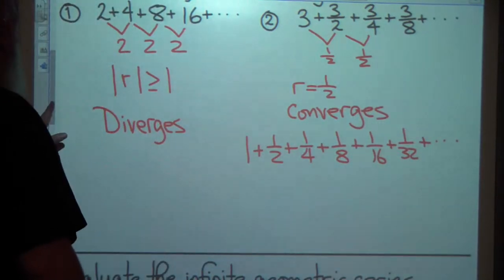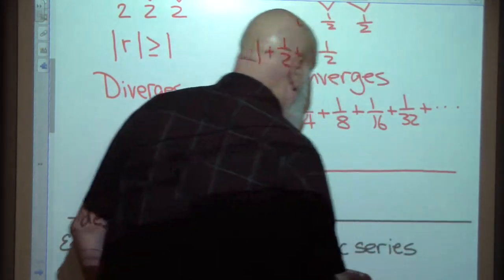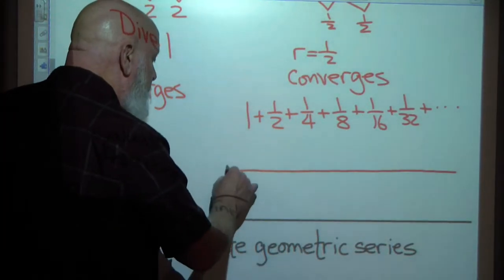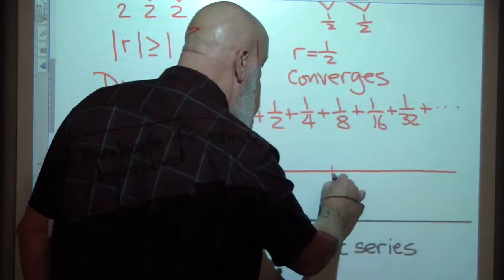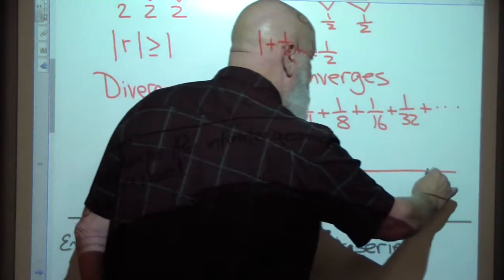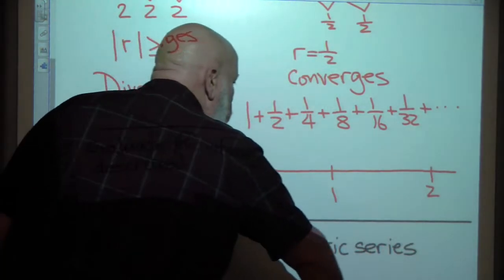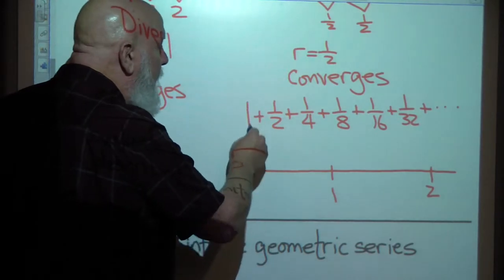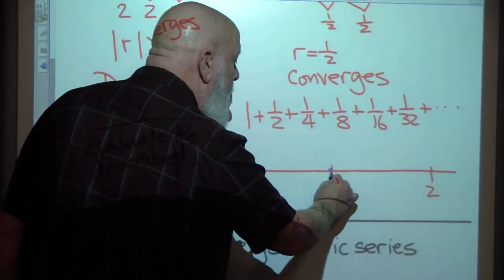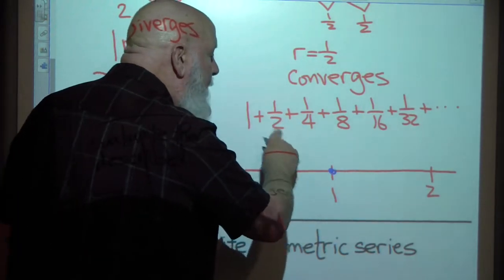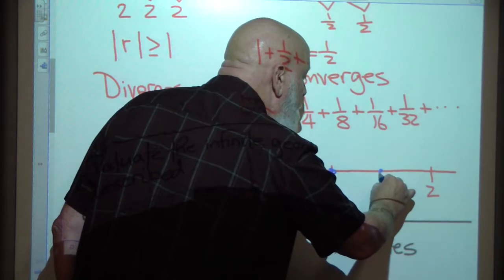If we look at this graphically, take a look on the number line for instance, it might give you kind of an intuitive idea of what's going on. If this is 0 and this is 1 and this is 2, and I'm adding these numbers together, well, let's start with 1. If I was adding on the number line, I'd be right here. If I add 1 half to this, now I'm here, 1 1/2.